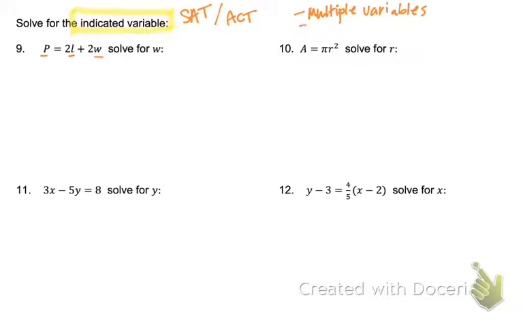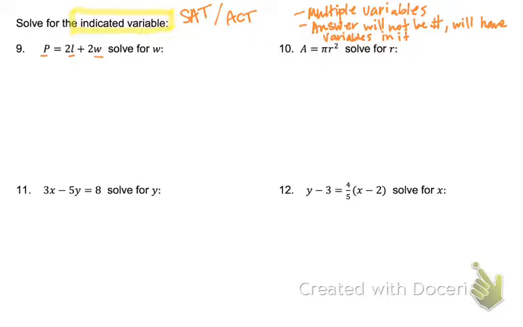Your answer will not just be a number. It will have variables in it. So you're not going to get 5 for your answer. Your answer is going to be, L equals W plus P over 2 or something.